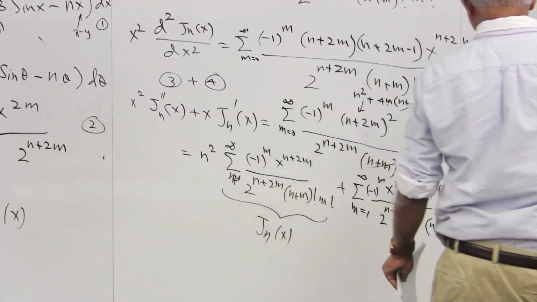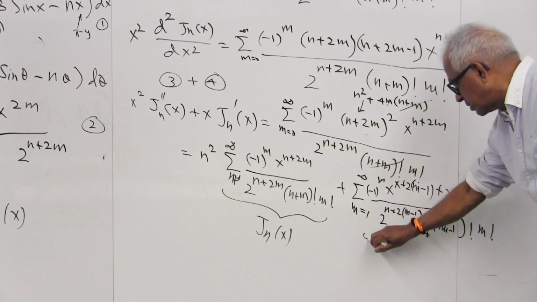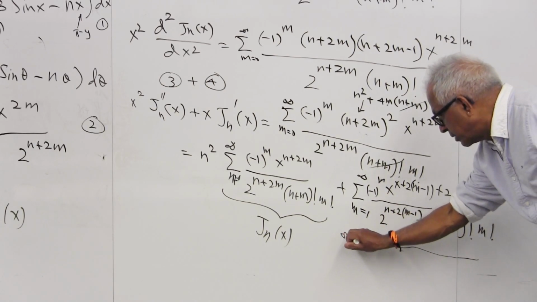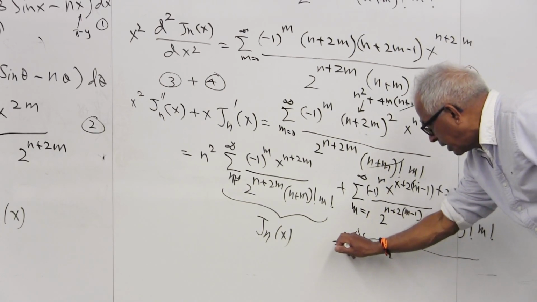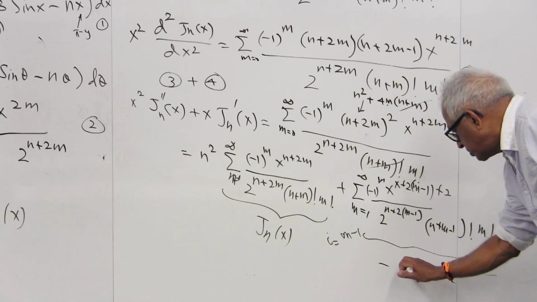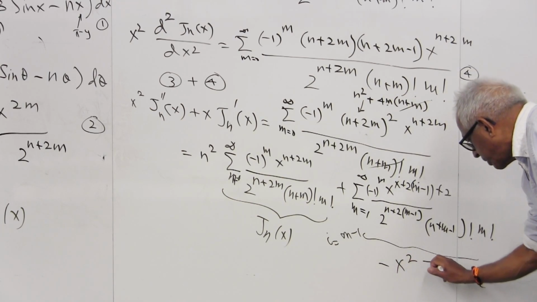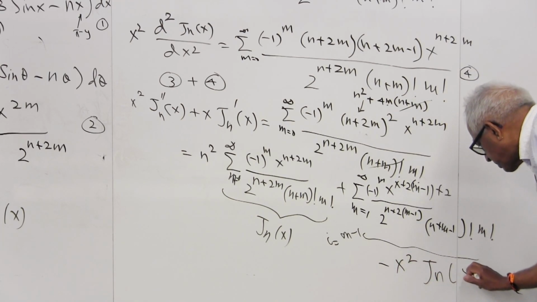So notice this last term, it's easy to see, right? If you define m minus 1 to be a new variable i, then this is easy to see, this is minus x squared Jn of x.